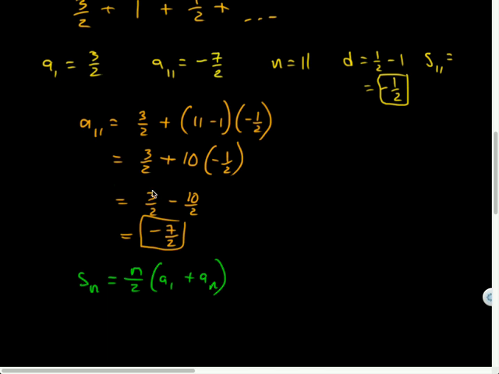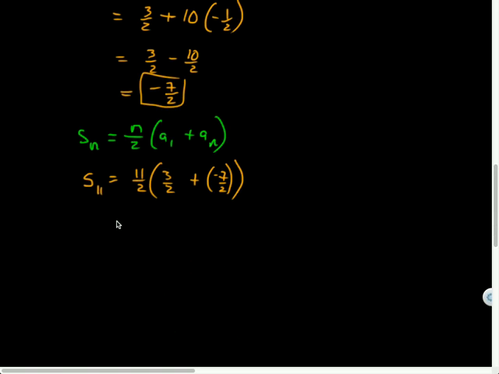It's all good. So S sub 11 is going to equal 11/2 times 3/2 plus negative 7/2. Right? So that is 11/2 times 3 minus 7, which is negative 4/2.